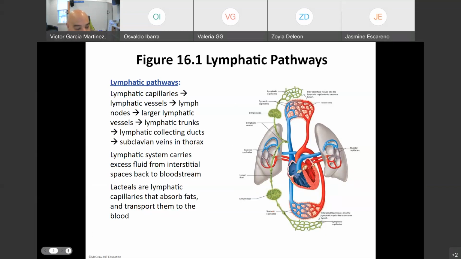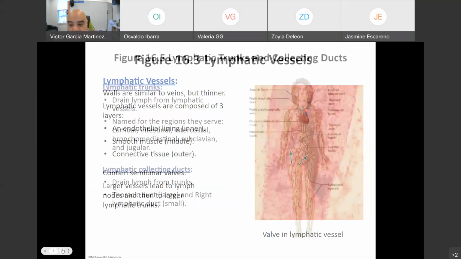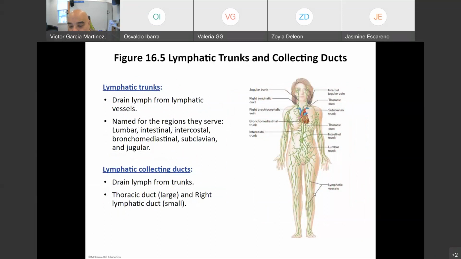We can see here an image. Mostly we have them in the popliteal region, inguinal region, abdominal region, thoracic region, and then your elbow, your armpit. These regions are populated by lymph nodes, your neck.